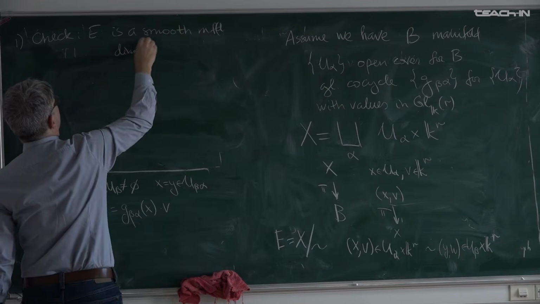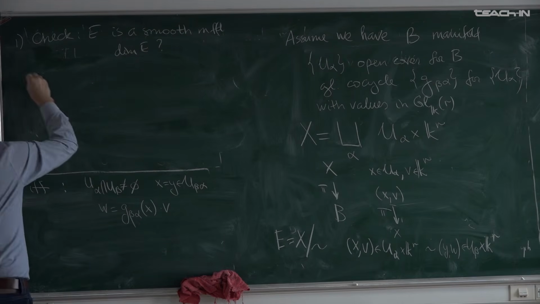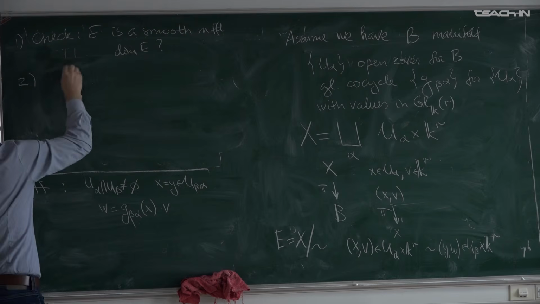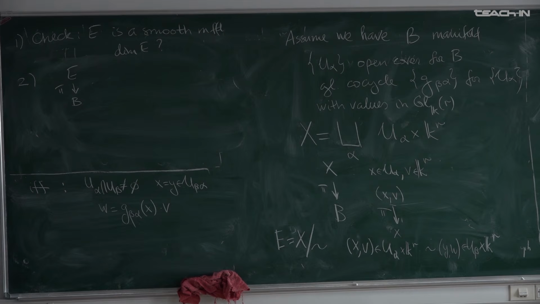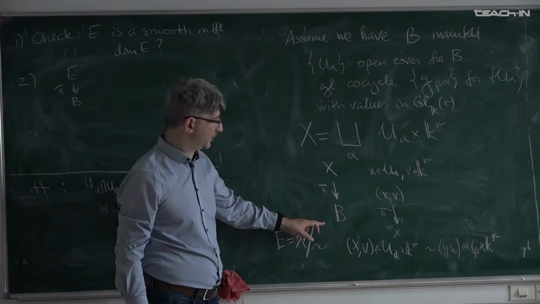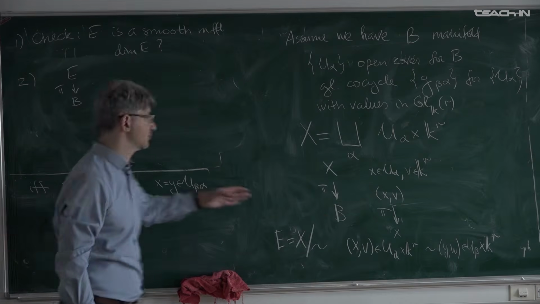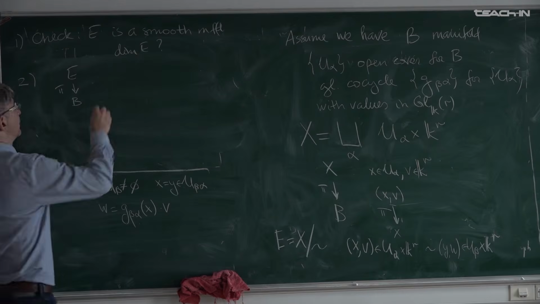Please find the dimension of E. Second, we see that there is a projection, because the projection pi, which is defined on X, is compatible with these equivalence relations, so we have a projection here. Please write trivializing charts.